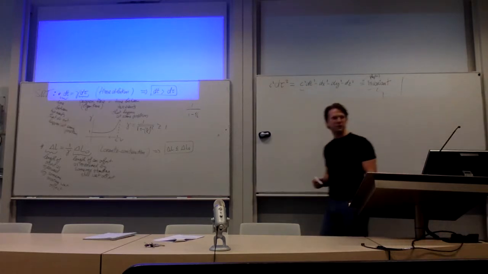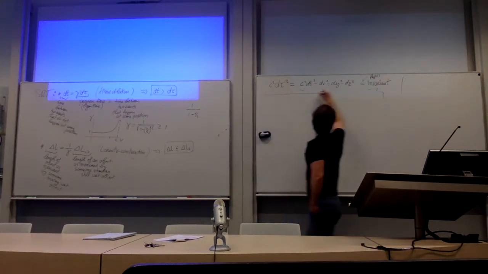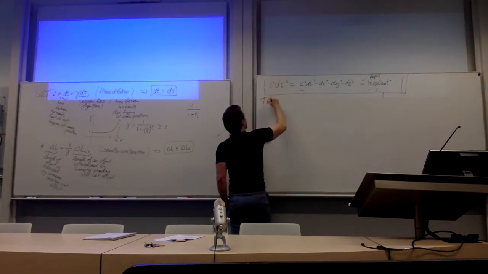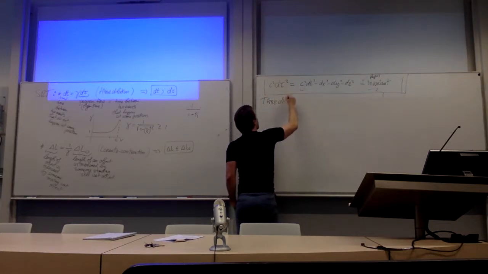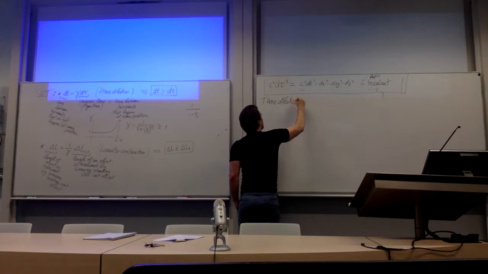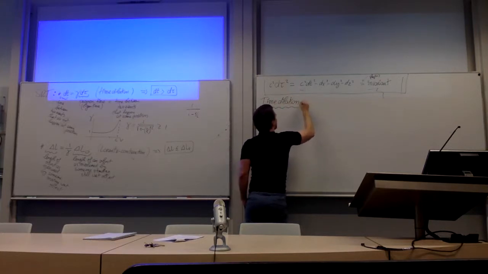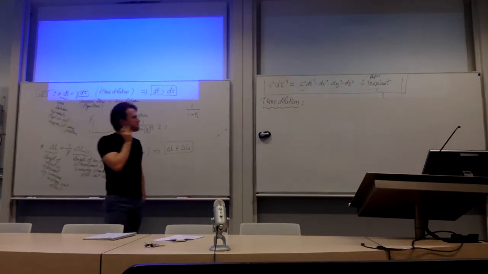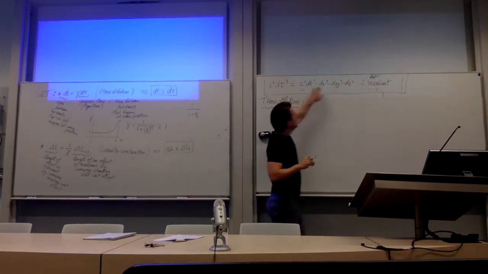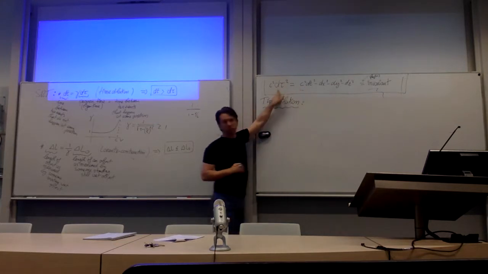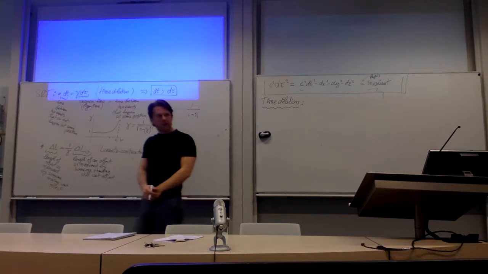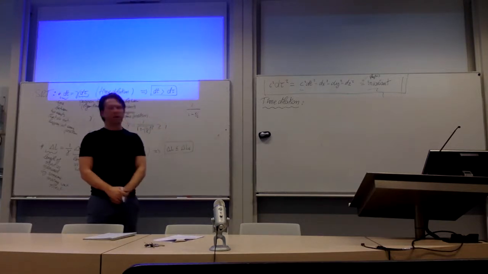Time dilation. This particular combination we call c squared times d tau. It pays to take a second to try to realize what d tau means physically.